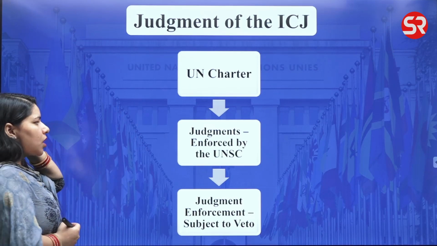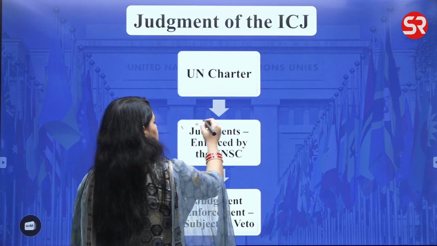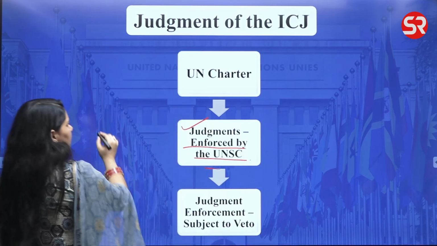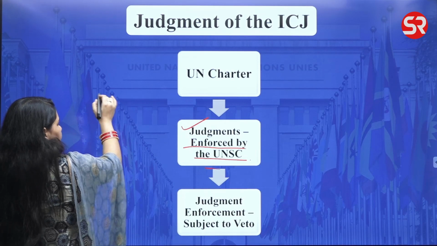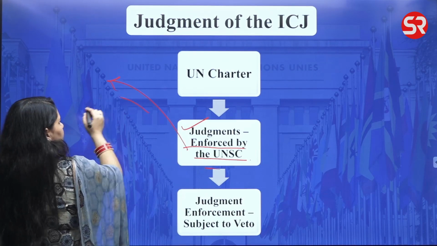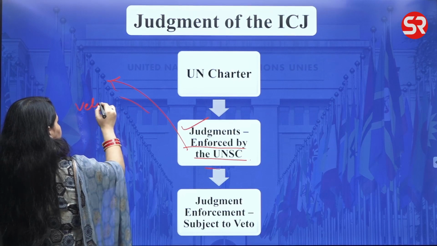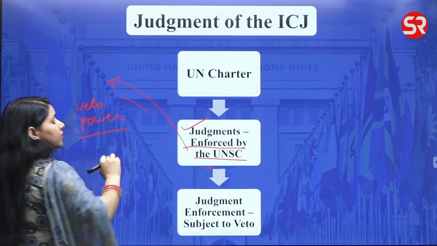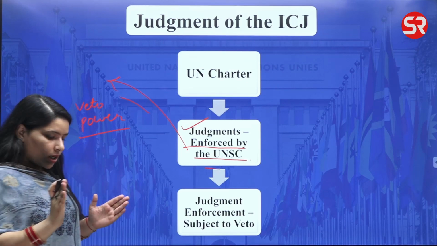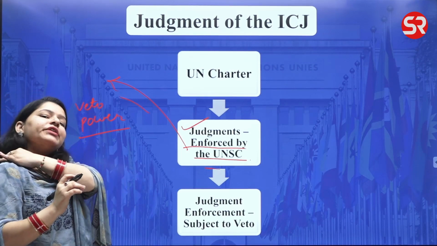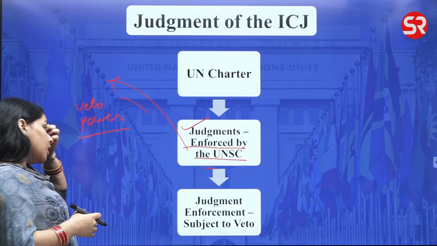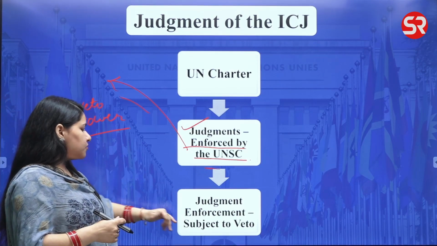In the UN Charter it is mentioned that all the judgments of the ICJ must be enforced by the UNSC. The UNSC is again the most important organ of the United Nations, with veto power, right? So in case of a contentious matter, if one party does not comply with the verdict, then the UNSC can enforce that verdict, but judgment enforcement is subject to veto.